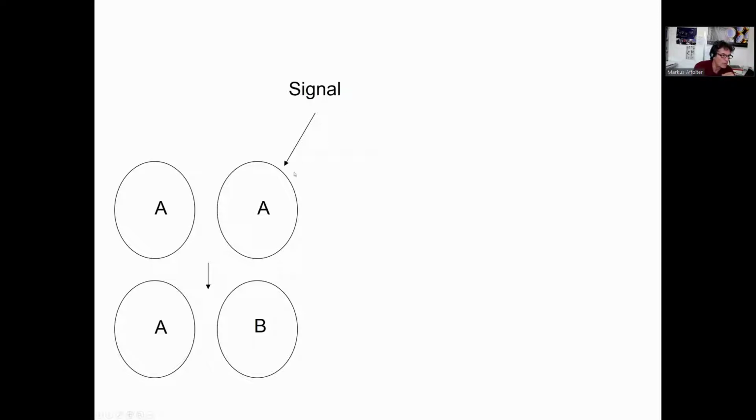Now, if only one of these two cells receives a signal, changes its transcription, becomes a B cell, and the other cell doesn't see that signal and stays an A cell, then this is a very elegant way to do it. Then you can present the ligand to only a few cells from one side.